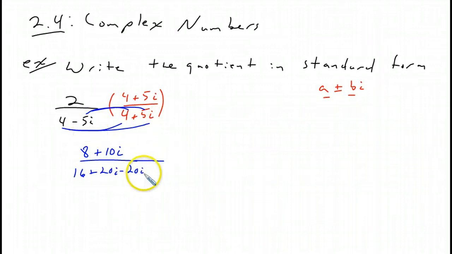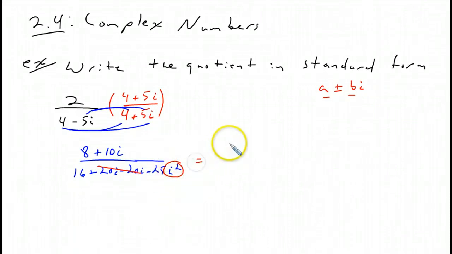Negative 5 times 5 is minus 25i squared. So here's the good thing, because this is basically a difference of squares, my middle terms cancel each other out. 20i minus 20i is 0, so I lose my middle terms. I know that i squared is negative 1, so I have essentially gotten rid of the i's on bottom.